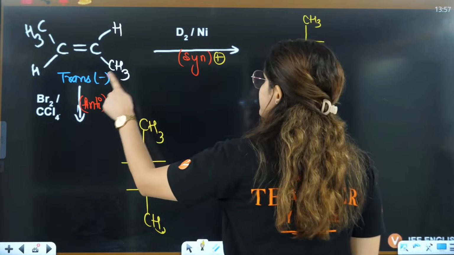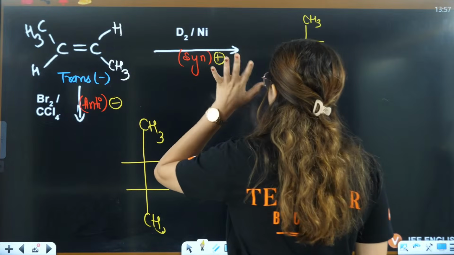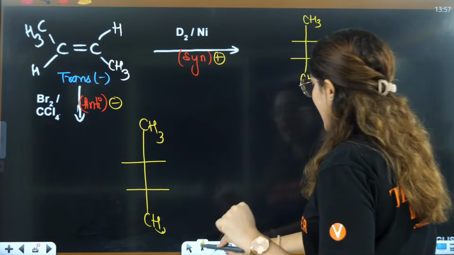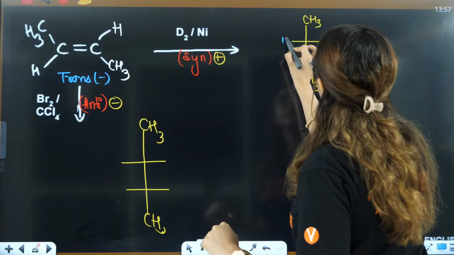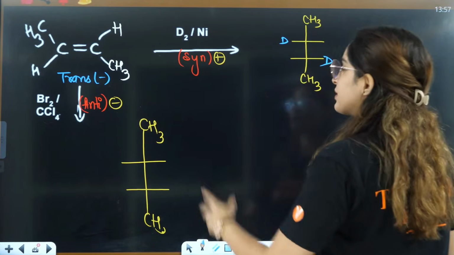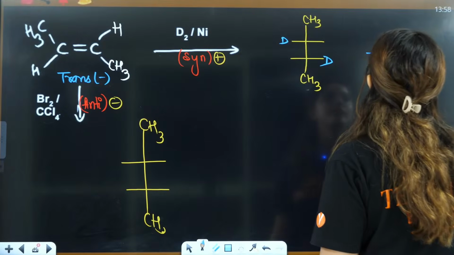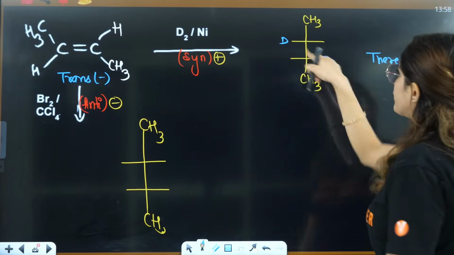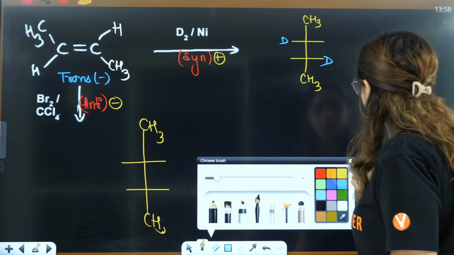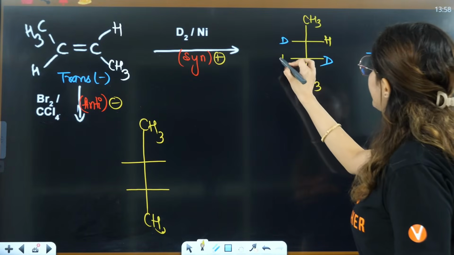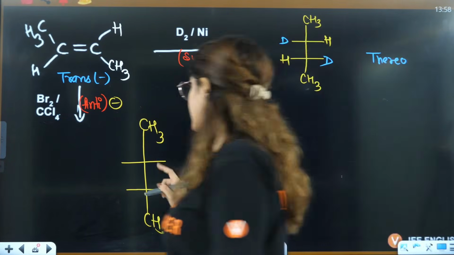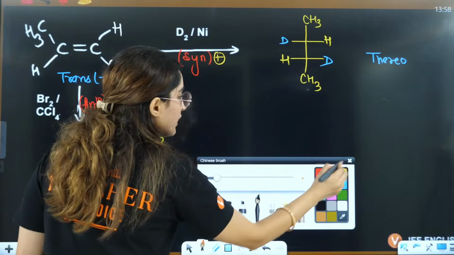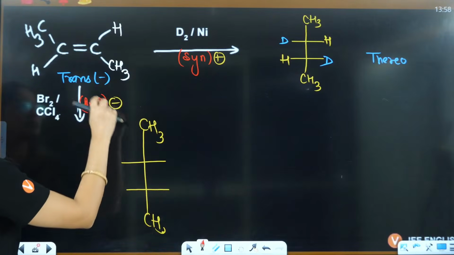This is positive, this is negative. Signs are opposite. That means deuterium will be added on the opposite side. Because signs are opposite, threo compound is formed and deuterium will be added on the opposite positions here, and hence this will be the product. In this case, Br, this is negative, negative.